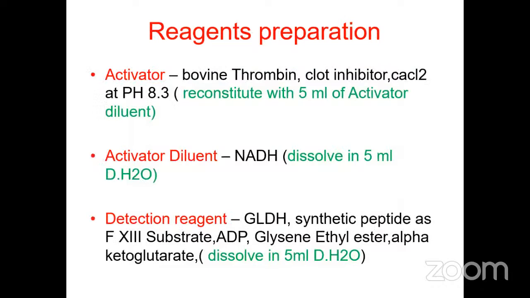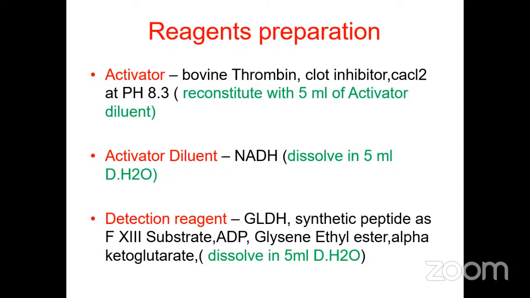Reagents required. Generally, in our laboratory, the kit has an activator, a diluent, and a detection reagent. Activator reagent contains bovine thrombin, clot inhibitor, and calcium chloride at pH 8.3. It should be reconstituted with 5 ml of activator diluent.